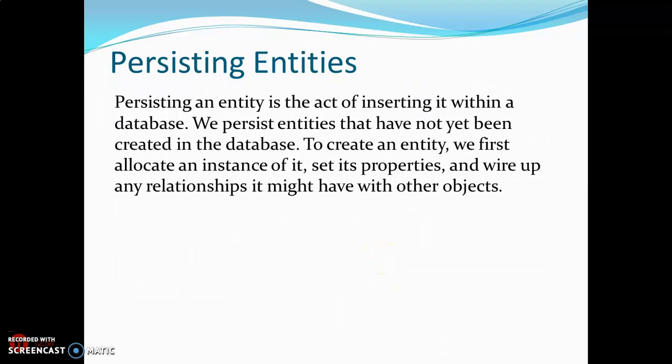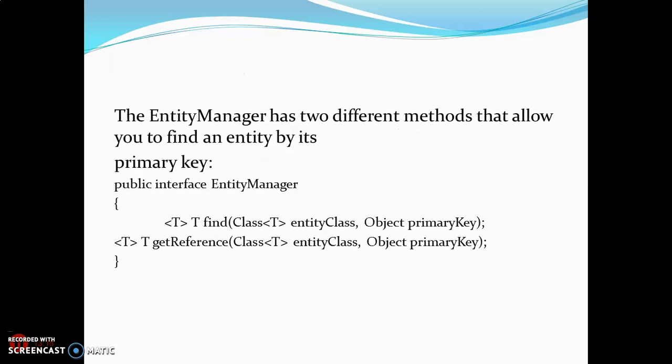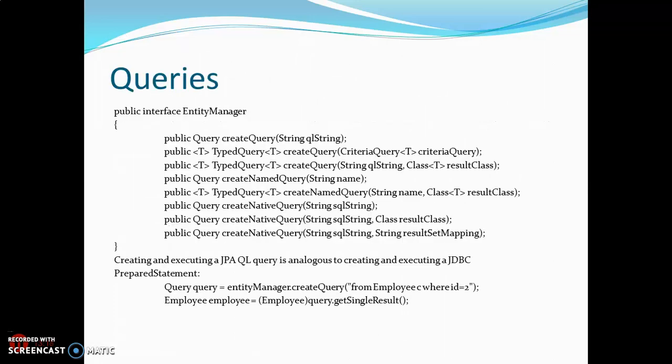Then persisting entities. Persisting entities is the act of inserting it within a database. We persist entities that have not yet been created in the database. To create an entity, we first allocate an instance of it, set its properties, and wire up any relationships to the other objects. We have already seen this.